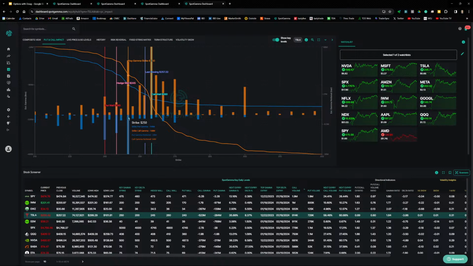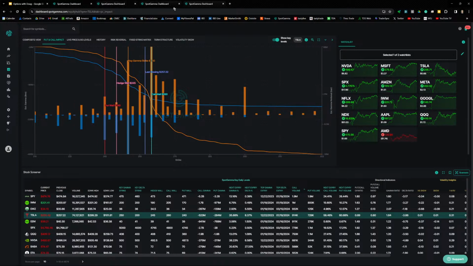So if it goes below 250, that would certainly be a target. 250, the key gamma strike, and below that the put wall at 240. All right, so 250 being the first, the key gamma strike, and then below that 240, the put wall.